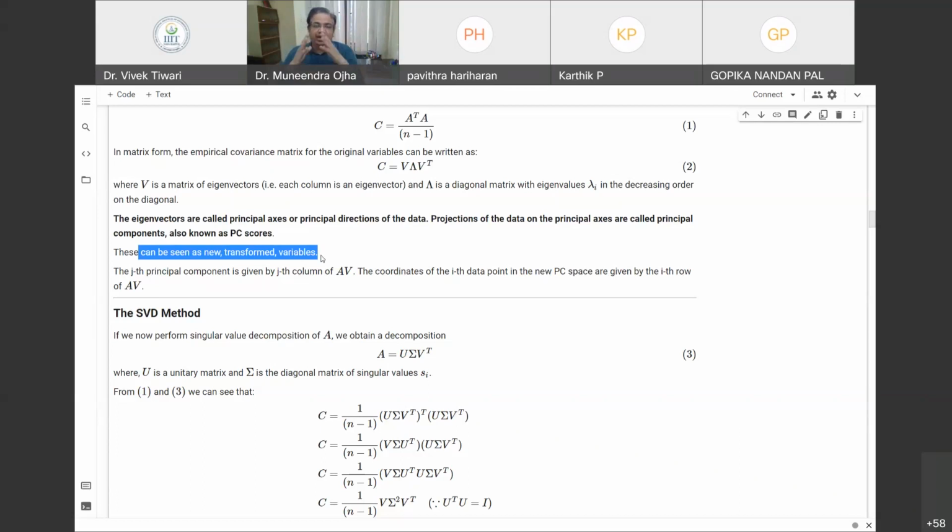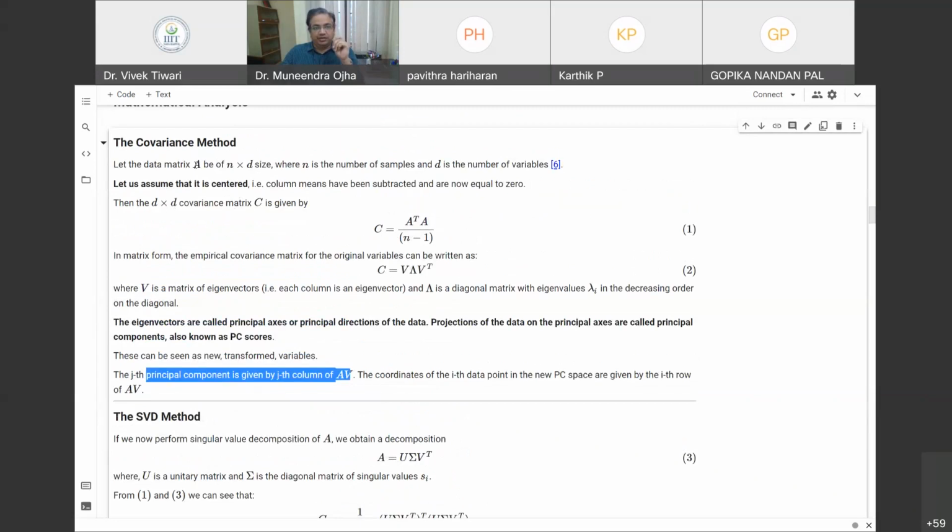The new matrix will have each column as one principal component. And the principal component, in the new matrix, is treated as a feature. But this feature will not be similar to the previous feature. Every feature is a linear combination of your original features. The jth principal component is given by the jth column of AV.